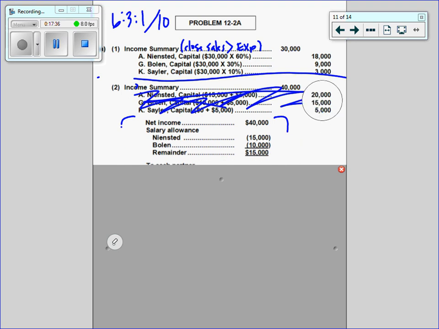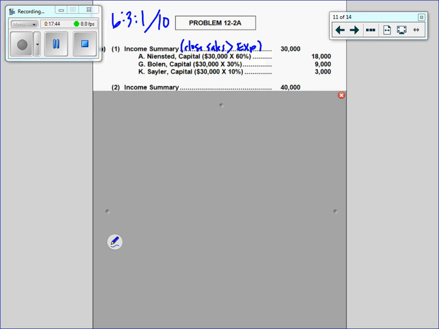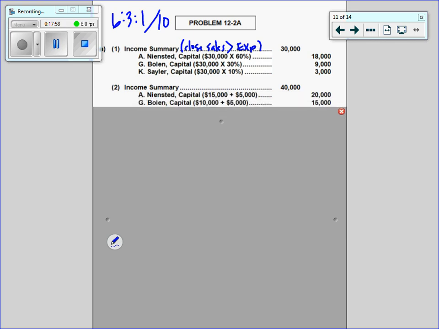So in independent scenario number 2, our net income still is 40 grand. We have 3 partners that are going to get $5,000 of their remaining net income, but the other 2 partners had a salary allowance. Notice how those 2 look. Nienstedt got paid 15 grand.